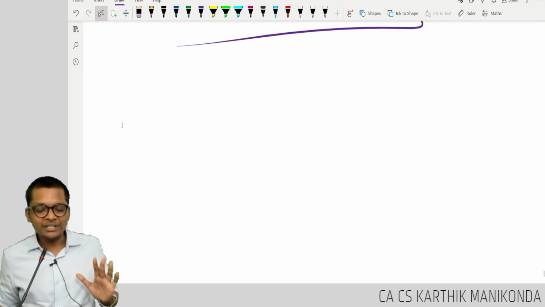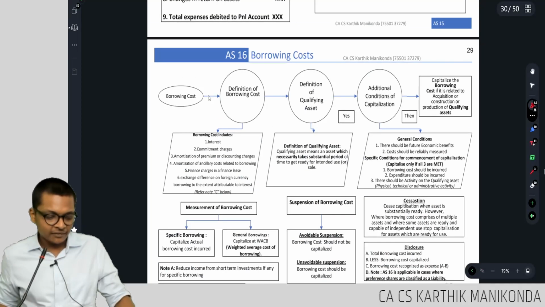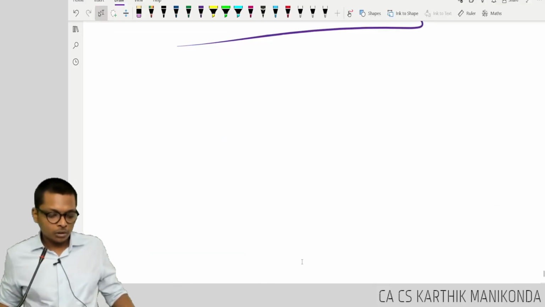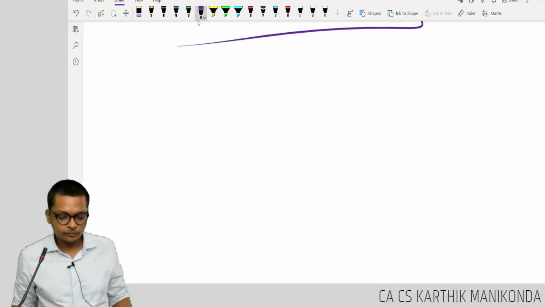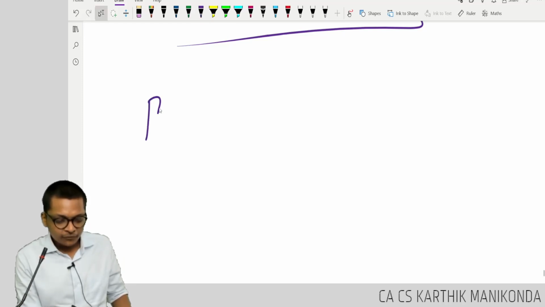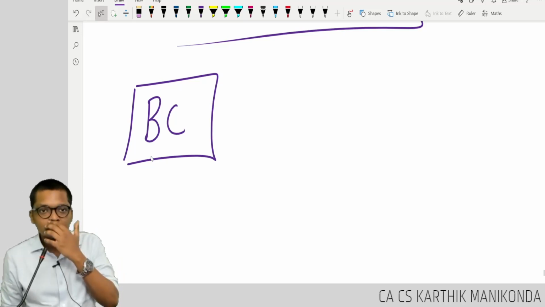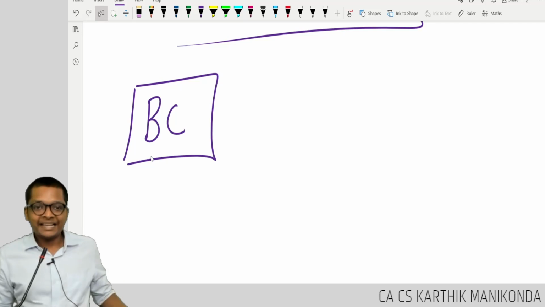Don't get confused. What is AS 16, guys? Borrowing cost. That's what we have in our notes also. Okay, fine. Now, what is important in this standard? Let me give you the overview. First, we have to see whether a company has incurred borrowing cost. What is borrowing cost? Interest. I gave you the example.